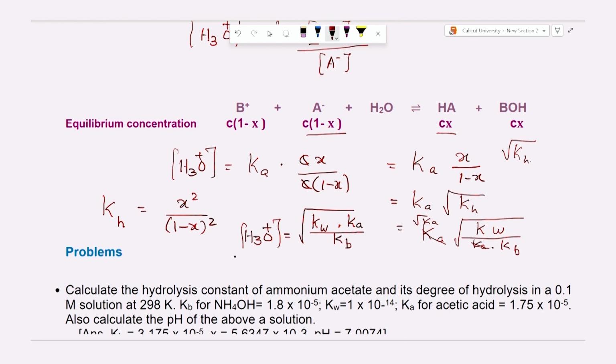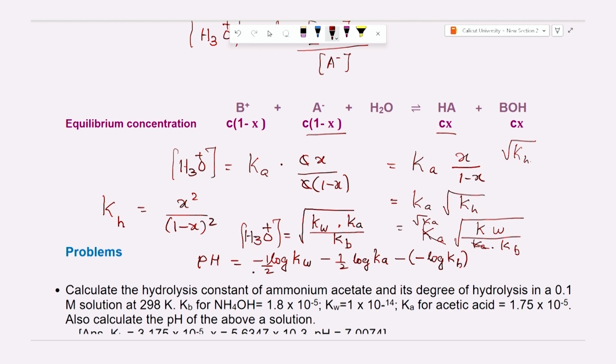Now, taking negative logarithm, this becomes pH is equal to negative logarithm, here it will be in the numerator, minus of log Kw, and that is within the root. So, half, then minus of half log Ka, then minus of minus, it becomes plus, or I can put it as minus of minus log Kb.